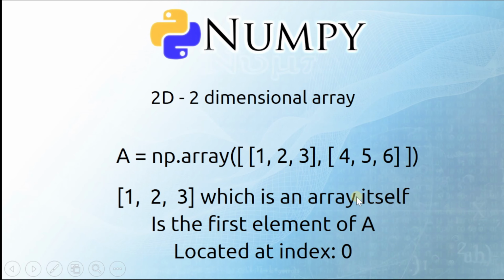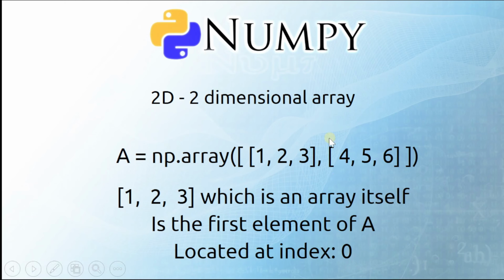Now, for two-dimensional arrays, you have A equals np.array of [1, 2, 3] and [4, 5, 6]. What we have here is actually two main elements. Each one of the elements is an actual vector or array itself. So you have two arrays being two elements within another array, or an array within an array, which will give you something like a matrix, or a multi-dimensional array.